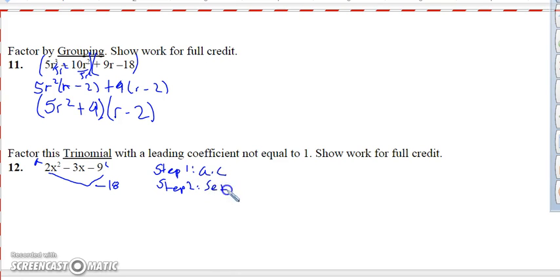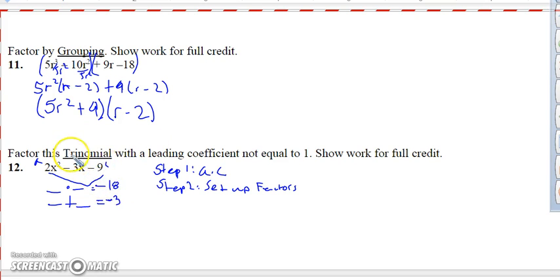Step 2: set up the factors. All right, what times what equals negative 18? What plus what equals negative 3, just like before.